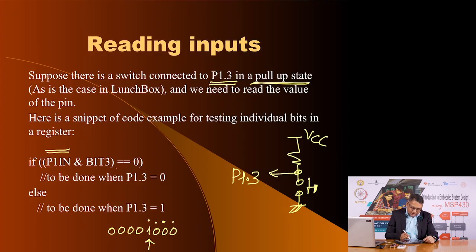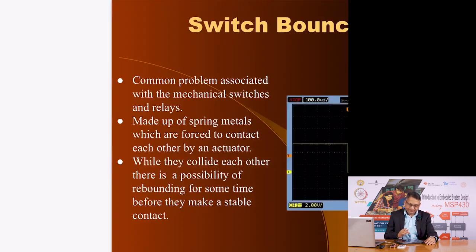So, if this is equal to 0, then do whatever you want to do if the switch has been pressed, else if it is not pressed, it will return a 1, and then you can do something else. This is the basic logic by which we detect that a switch is pressed or not pressed, and we can choose to do one or the other activities in this program.